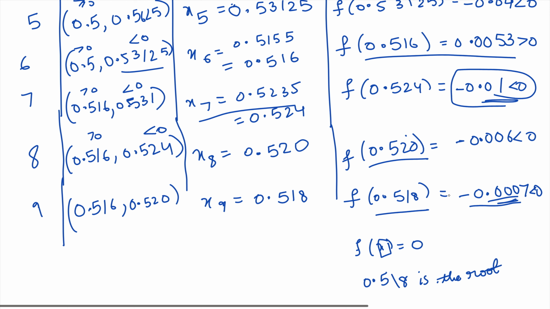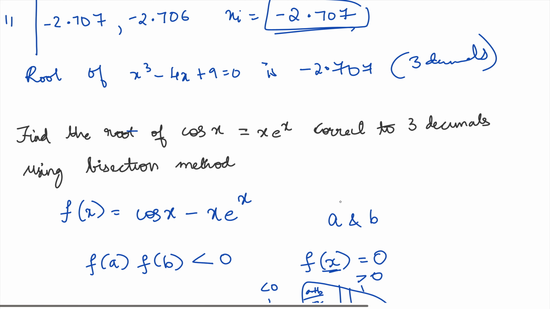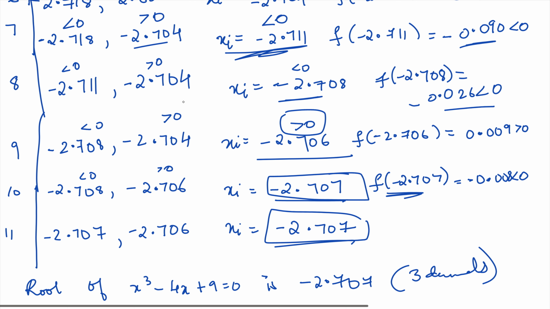So either this value approximately becoming 0 will give us the root, or if we notice that x8, x9, x10 values are the same, then also we can say that this is the root. Okay, either way. So in the previous question, if we notice, here the values were minus 2.707, minus 2.707.